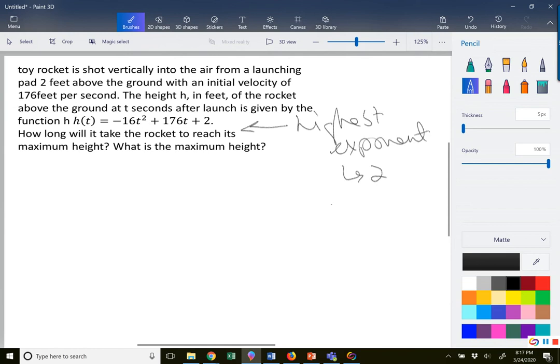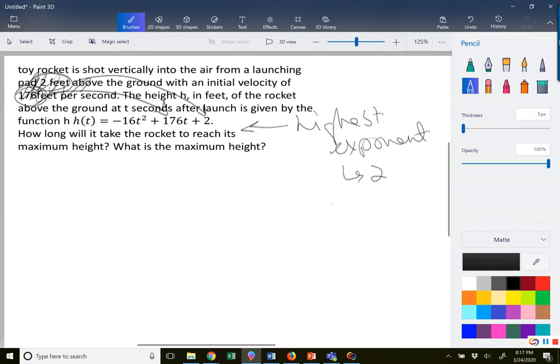If you look through all the words, this 2 feet above the ground, that's already in your equation, so you don't have to worry about that. This 176 feet per second, that's already in your equation, so you don't have to worry about that either. These are already accounted for.